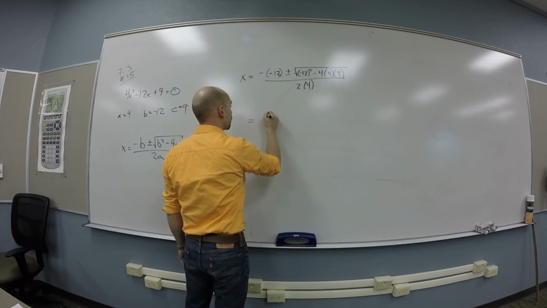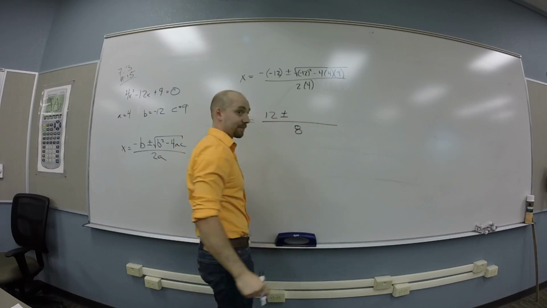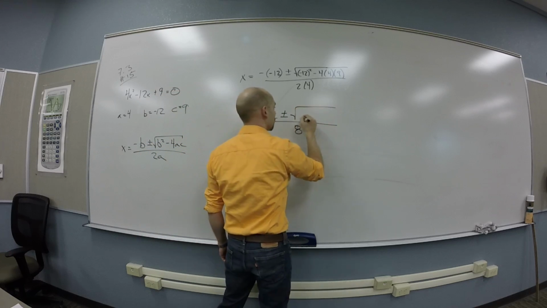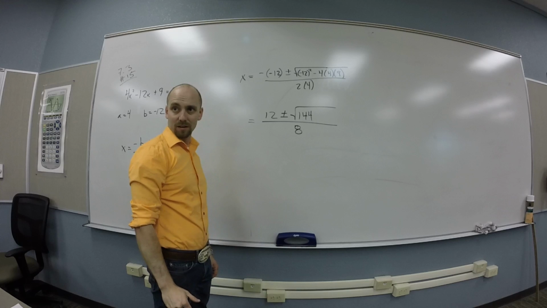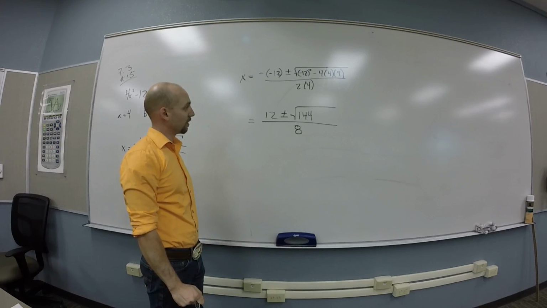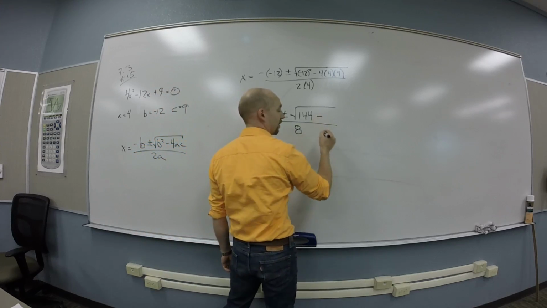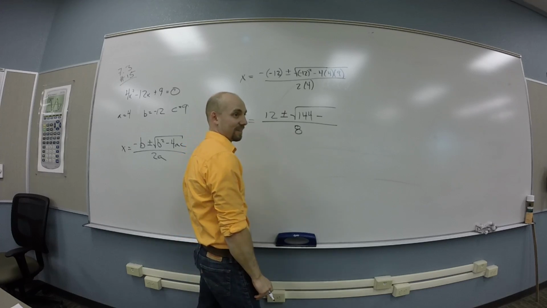All right, so I already spotted the 12, and I'll do the bottom. Then you get 144 positive. Okay, under the square root, I've got 144. Why is it positive? Because it's a negative times a negative. Cool. Then I've got what else? You got negative 16 times 9, which is what?